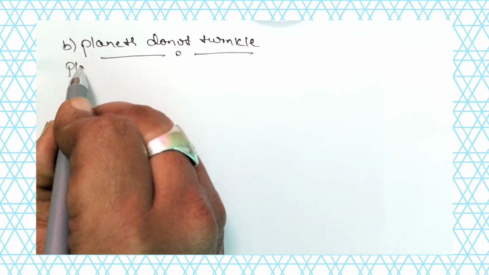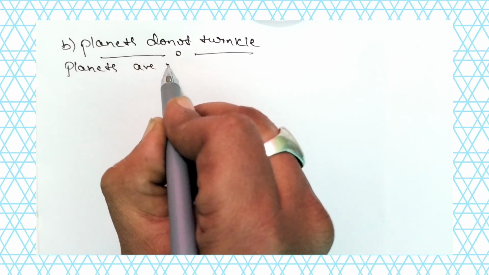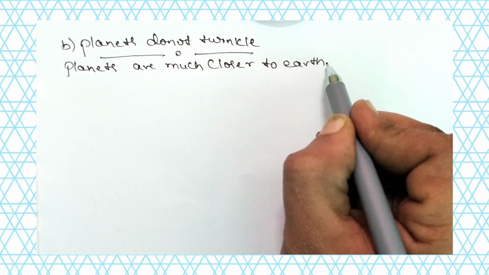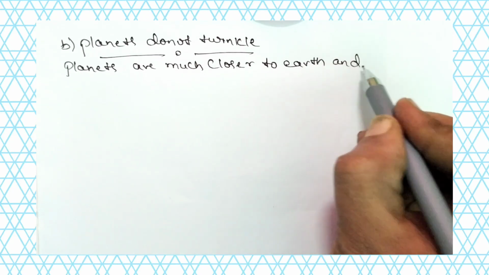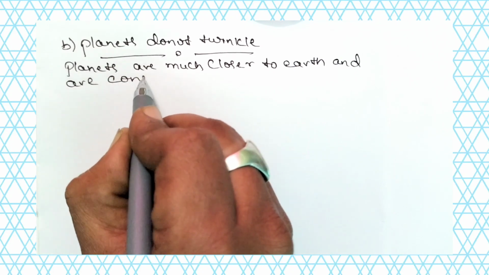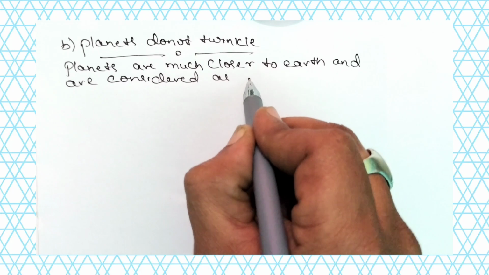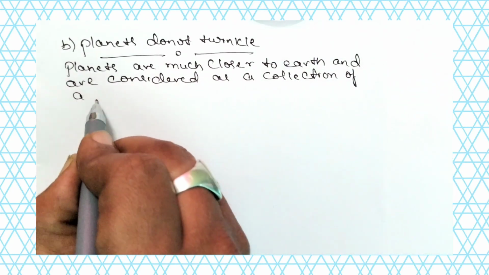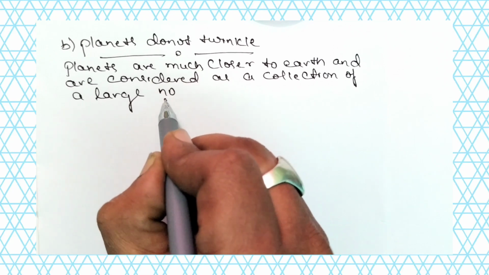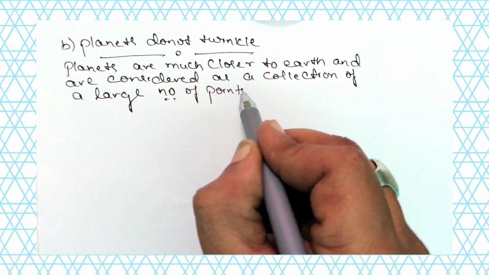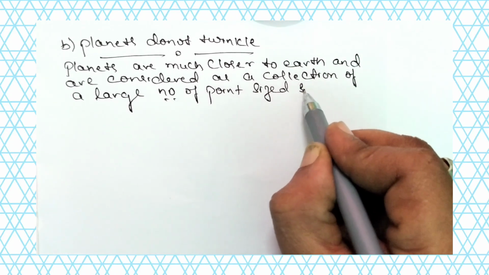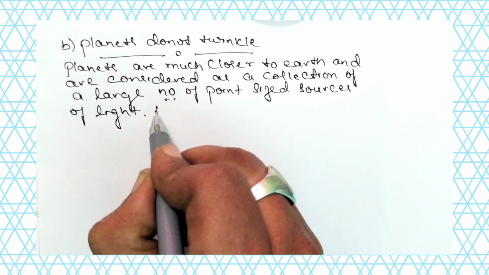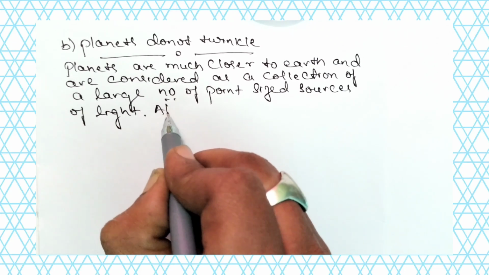So we know that planets are much closer to Earth, and are considered as a collection of a large number of point-sized sources of light.